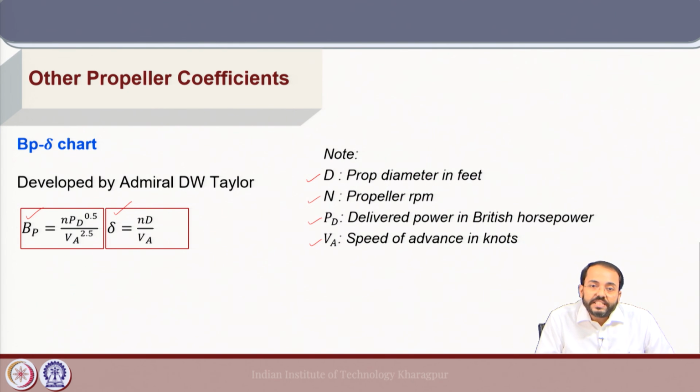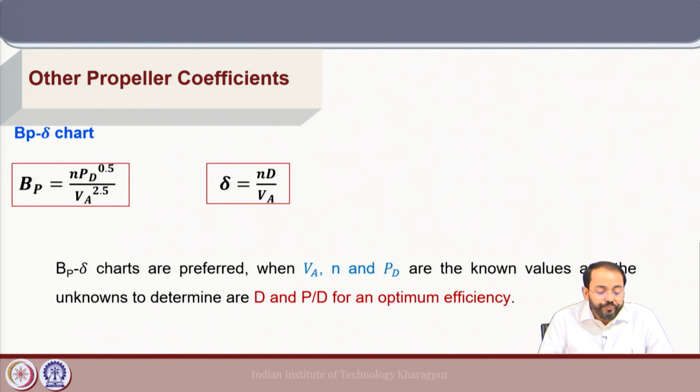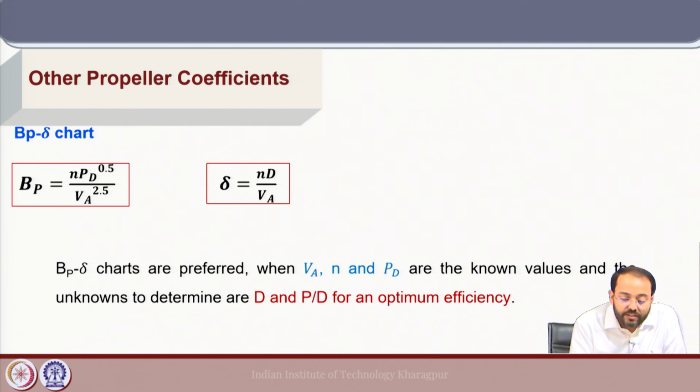So, for a specific problem, when we use these charts, we have to convert the case that we are designing into these units, and then the BP delta chart can be used. So, in the BP delta chart, we have the BP and delta as functions of these parameters for the propeller.